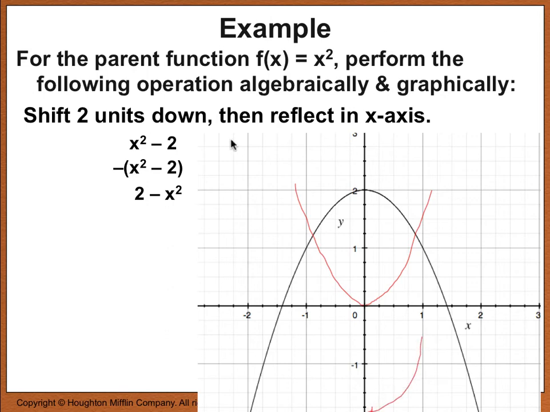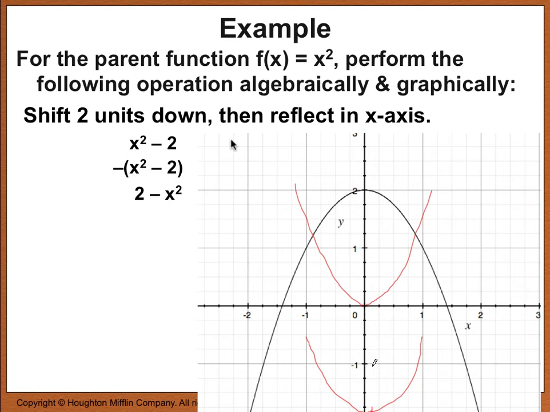I'm doing the shift first, and then I reflect it. Okay, so that shift down of 2, once I reflect it, is going to look like a shift up of 2. Okay, that's just because the x-axis is acting like a mirror. So if the x-axis is acting like a mirror, then what is down here is going to become up.